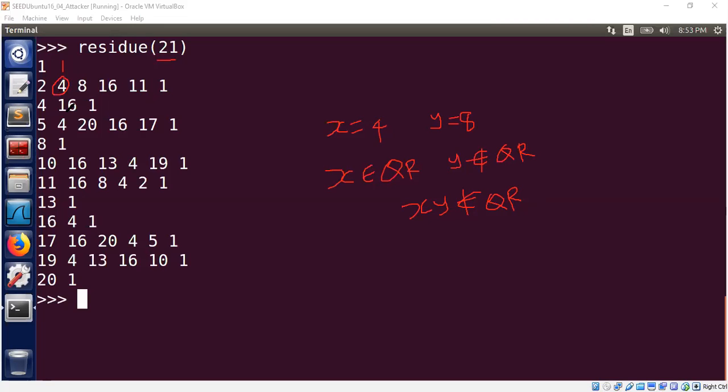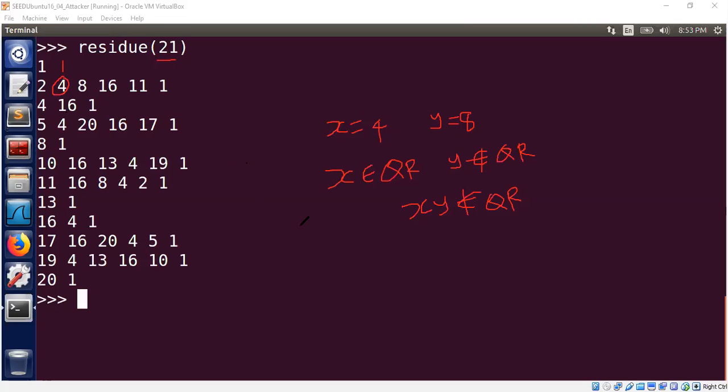So we learned a couple of important properties. If we multiply two quadratic residues, the result is a quadratic residue. If you multiply a quadratic residue and a non-quadratic residue, the answer is a non-quadratic residue. If you multiply two non-quadratic residues, the answer is also non-quadratic. We can also double check the first fact.